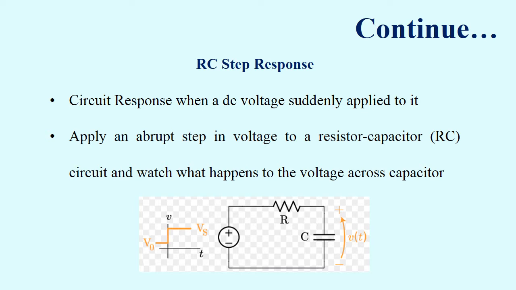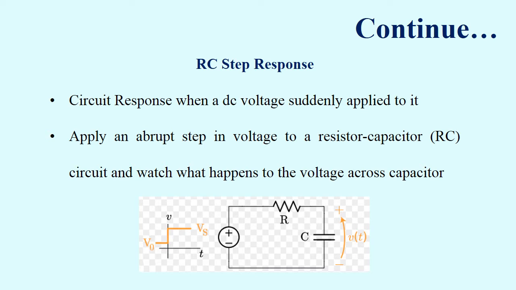When something changes in a circuit, the voltage and currents adjust to the new conditions. If the change is an abrupt step, the response is called the step response. We will apply an abrupt step in voltage to our resistor capacitor circuit and watch what happens to the voltage across the capacitor. This step response happens billions of times every second inside all digital devices.